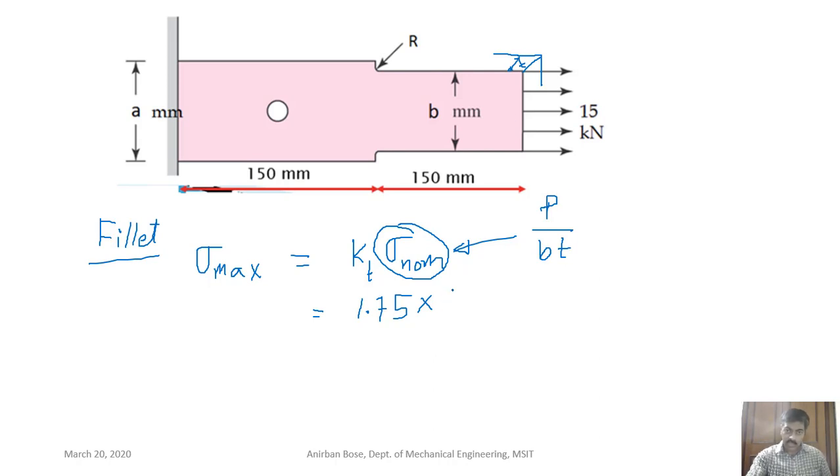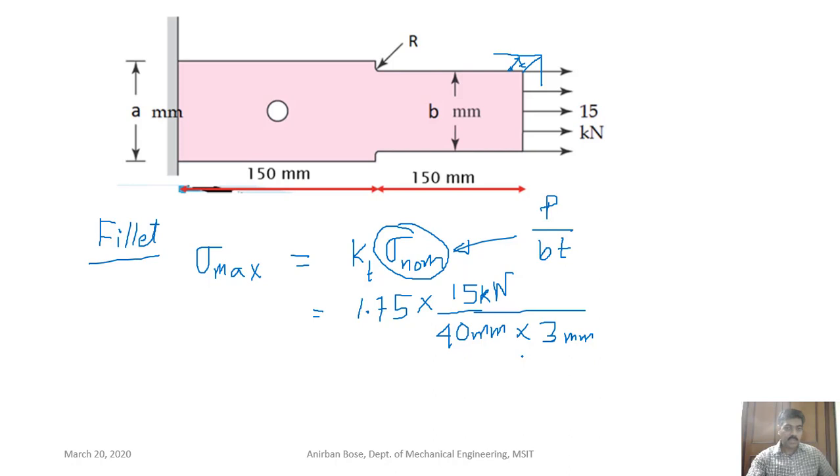So that is 15 kilonewton divided by B, which is 40 millimeter, times T, which is 3 millimeter thick, if you remember.